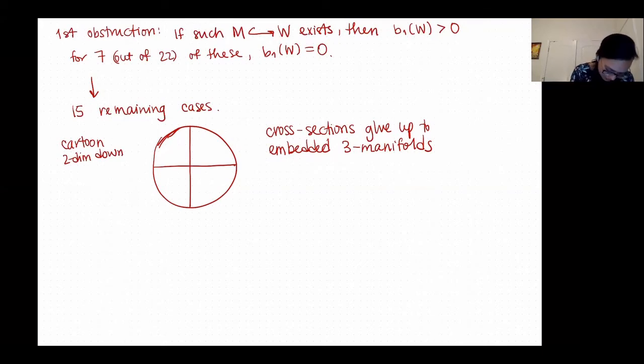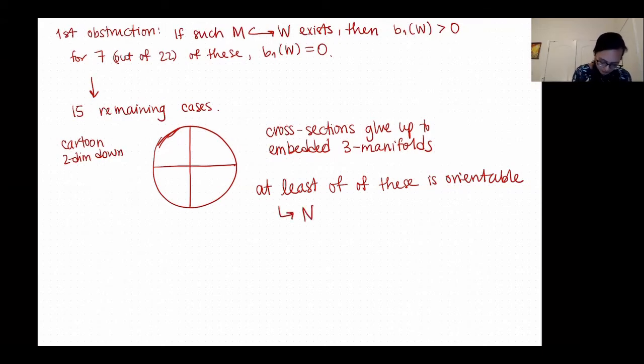And in these 15 cases, at least one of these is orientable. And let's call this orientable one N. So in this picture, let's say we'd have something like this cross section, it glues up to give you N.